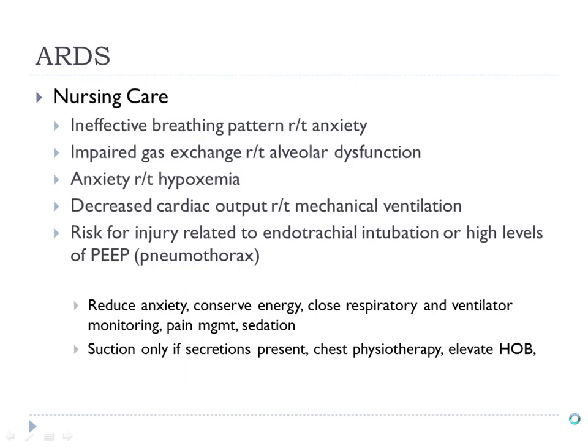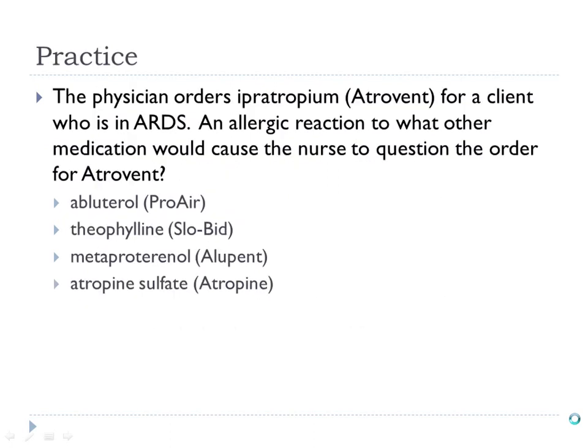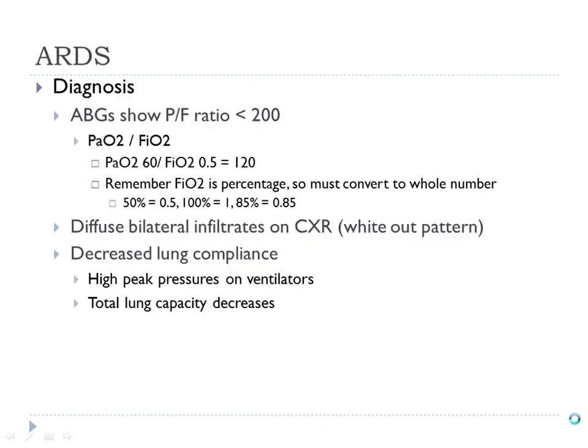Okay. Yep. Let's see. Let me go back to this. So understand that this alteration in PF ratio reflects that the patient has what we call a ventilation perfusion mismatch. So in order for us to have optimal gas exchange, we have to have adequate ventilation of the alveoli, right?